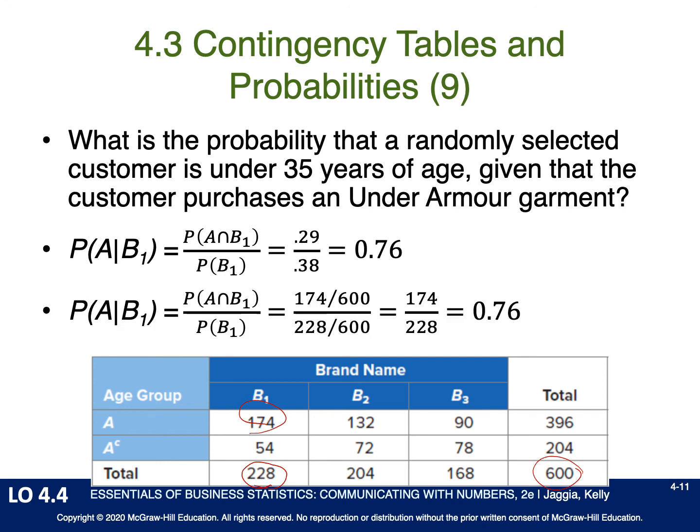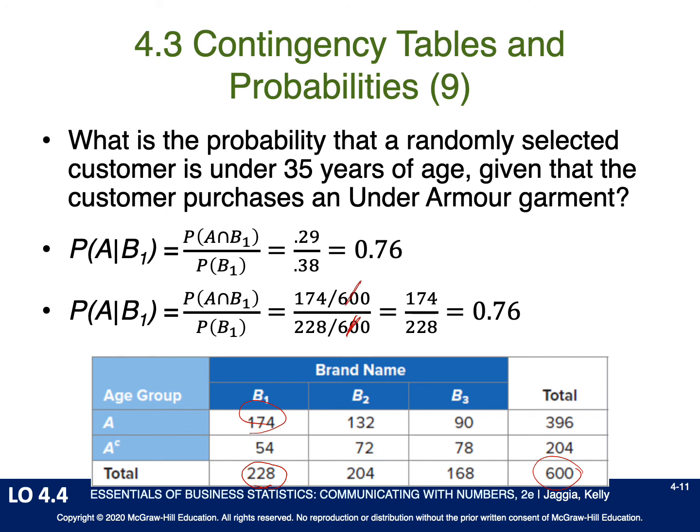Now I want to point out the other way that we could look at that. We calculated the probability of the intersection of A and B, which we said was 174 over 600, and the probability of B, which was 228 over 600. But notice in our formula now, the 600s actually cancel each other out.